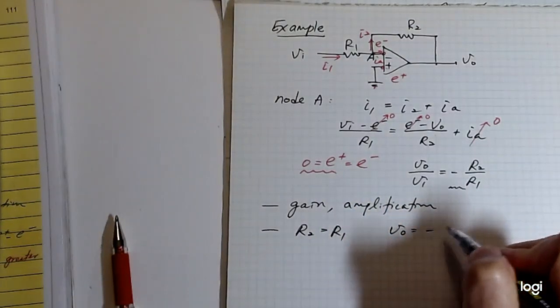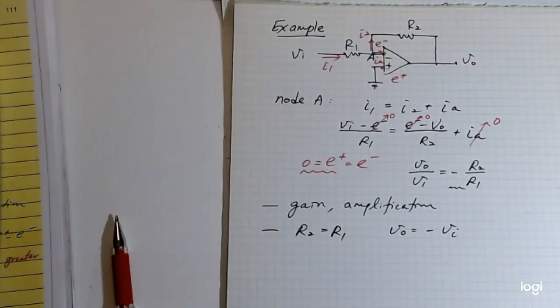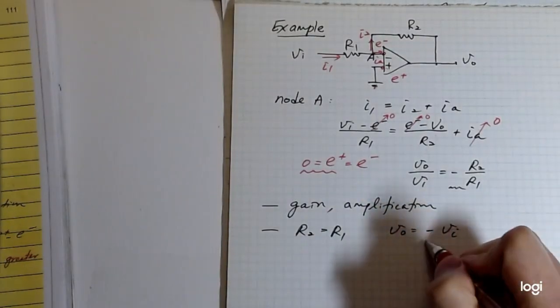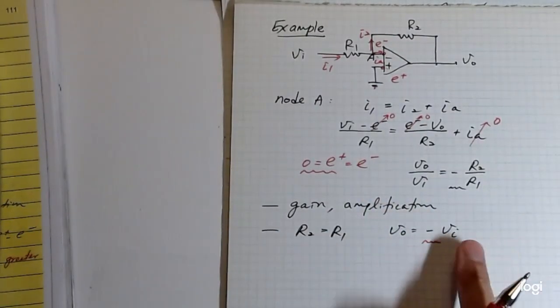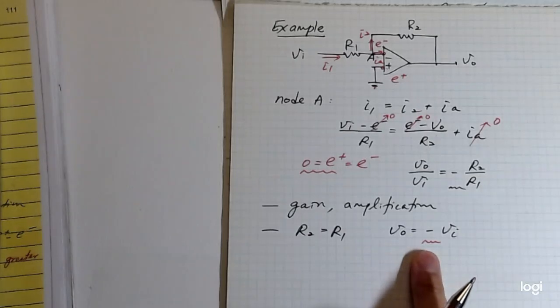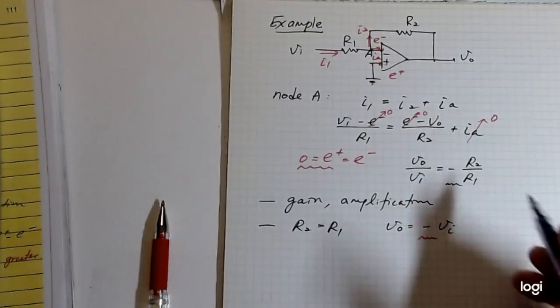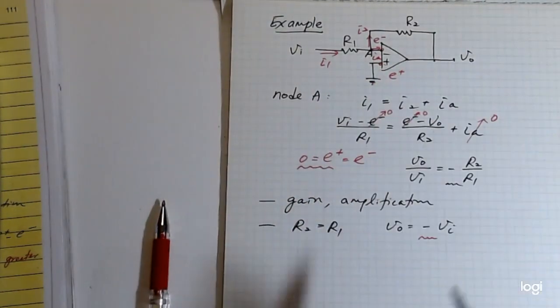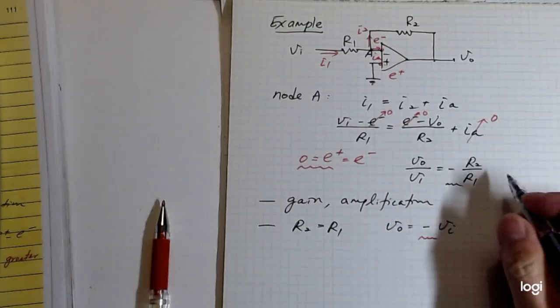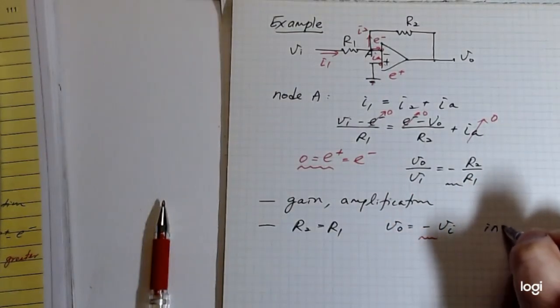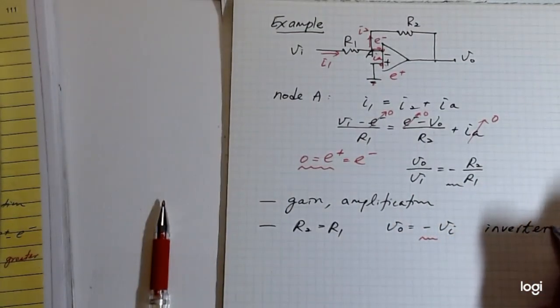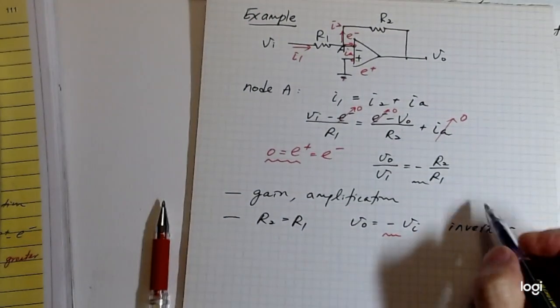VO equal to minus VI. The output will be the minus sign times the input. In other words, this circuit is typically used as an inverter. Invert the sign.